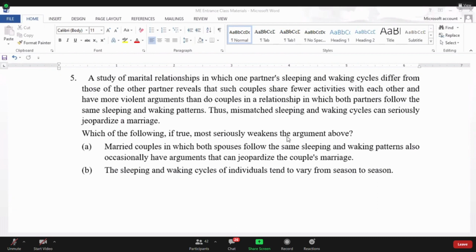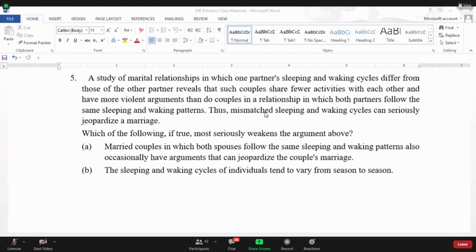Your question is which one seriously goes against the argument. Here they say that if they don't have the same sleeping and waking patterns, then their marital relationship is in danger. What is the opposite of this? What is the opposite of mismatch? Match.